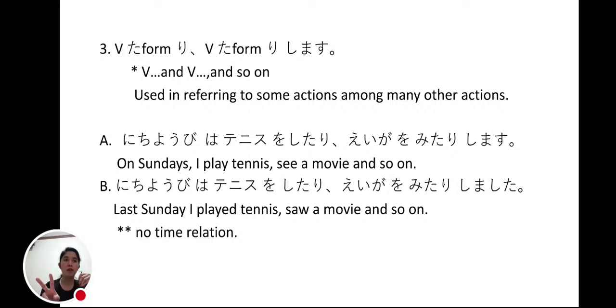For example, 今日は朝ごはんを食べたり、歯を磨いたりします。しました。今朝朝ごはんを食べたり、部屋を掃除したりしました。Okay, レデンさん、今朝、運動したり、ご飯を食べたりしました。皆さん、you can make your own samples. No questions regarding this? So that is for our tari-tari.